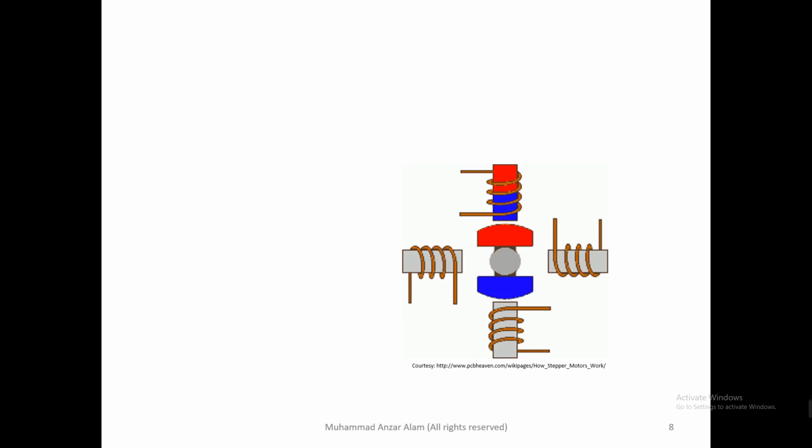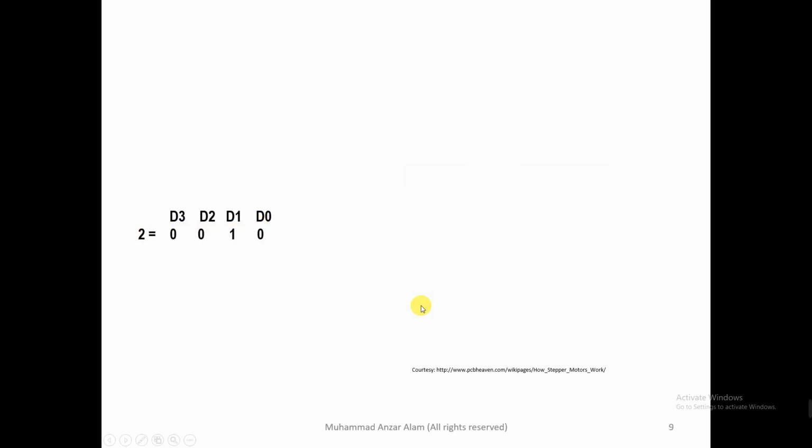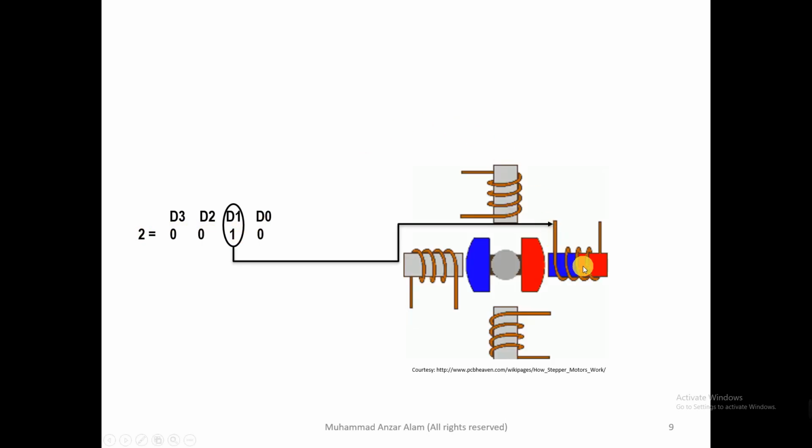Now let me explain it more clearly, step by step, bit by bit. If this is your bit, one means D0 is 1, and if we make D0 1, it means we are energizing this coil only. The rest of the coils are de-energized. If we apply the value 2, that means only D1 has power, so D1 will power the next coil.